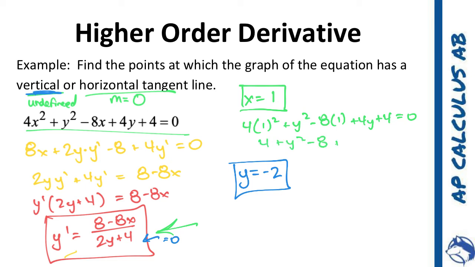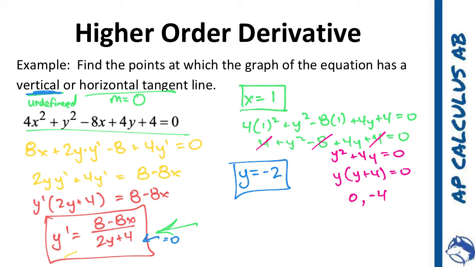This is minus 8 plus 4y plus 4, which is equal to 0. Well, these constants all cancel out, and I'm left with y squared plus 4y is equal to 0. Factor out a y, and I'm left with y times y plus 4. And I get 2 points here where that works out. It would be 0 and negative 4.